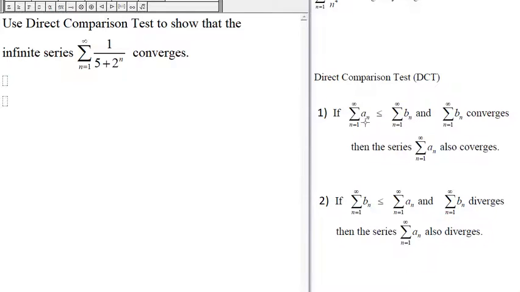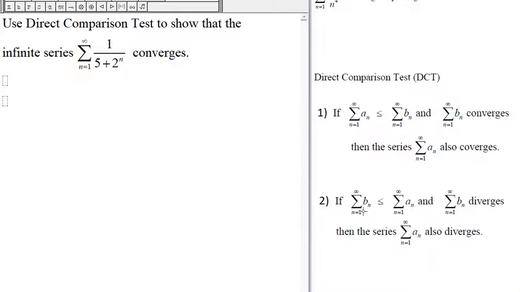And it says that if we have an infinite series A sub n, if it's less than or equal to the infinite series B sub n, and if B sub n converges, then that also implies that the infinite series A sub n converges.